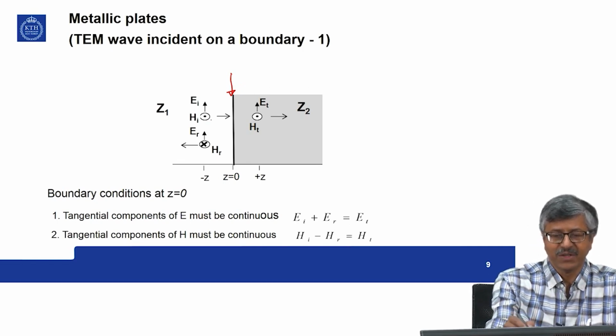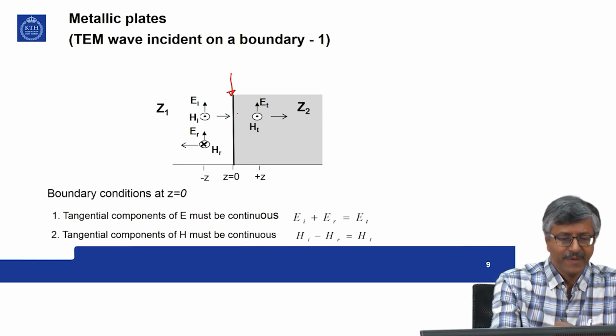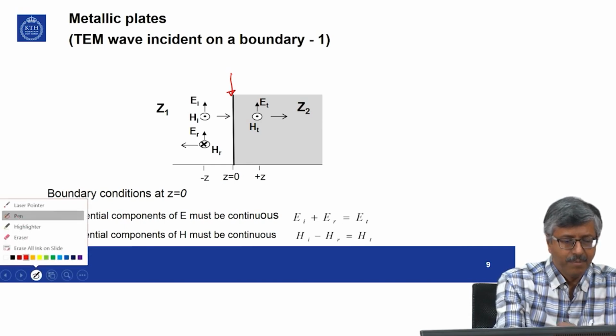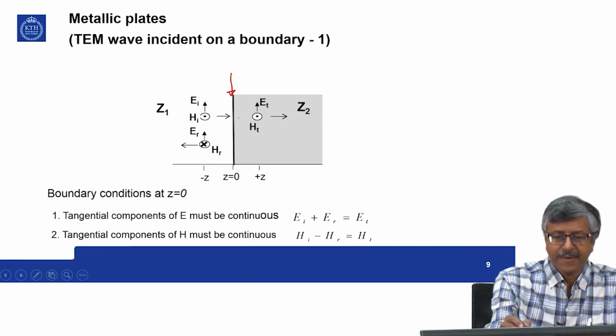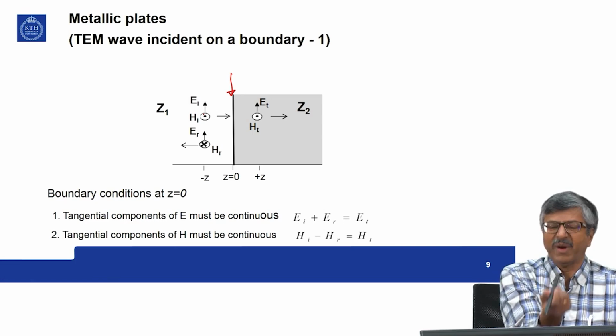So, this is the direction of propagation, and E field, for convenience, let us say E field is directed up like this, and H field is now coming out of the plane.